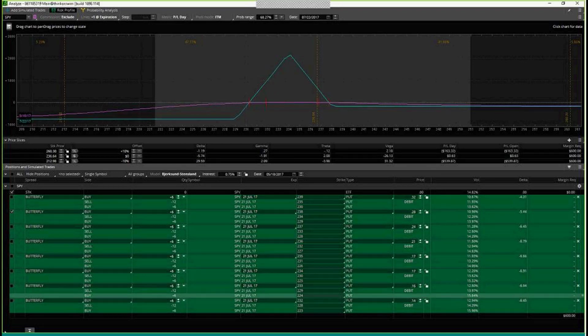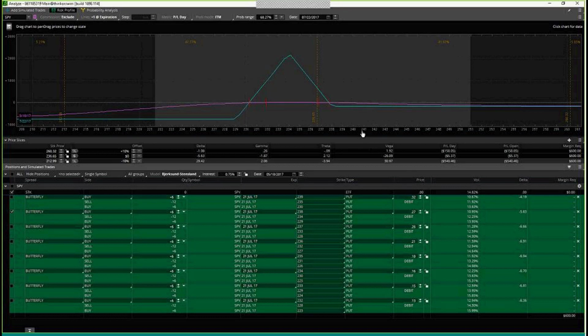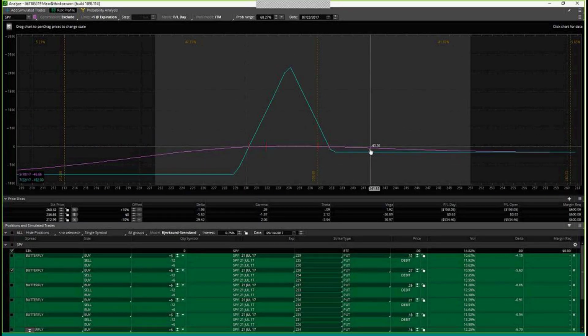What ended up happening with that June butterfly is that we were up in this range, and as we started moving down, remember, as you get closer to expiration, this graph changes. Here's probably the most important thing you could possibly learn about how implied volatility affects butterflies.